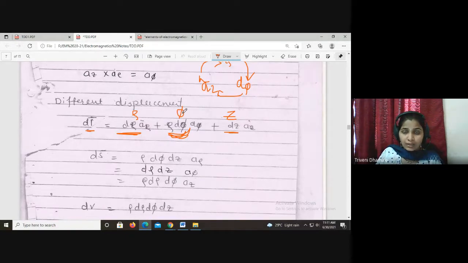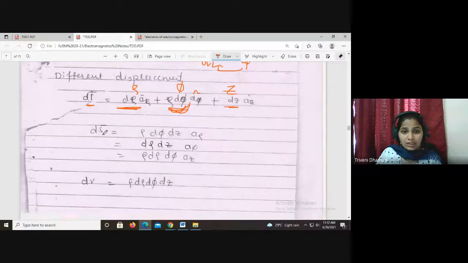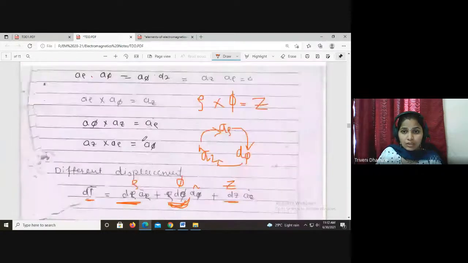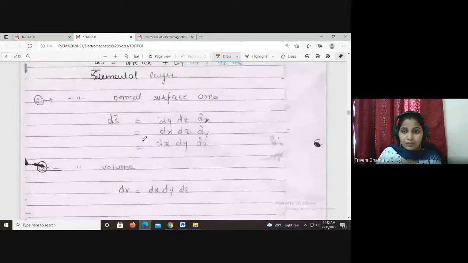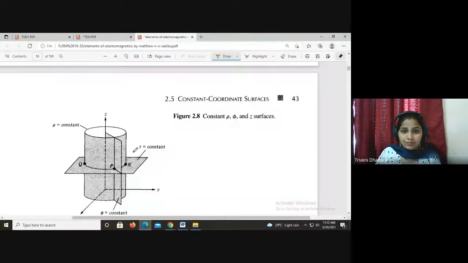And for phi, it is an angle, so some changes are there. So take a multiplication of radius rho into d phi, the differential of phi, with unit vector a phi cap. Now same case in ds bar, we have to consider these three surfaces.